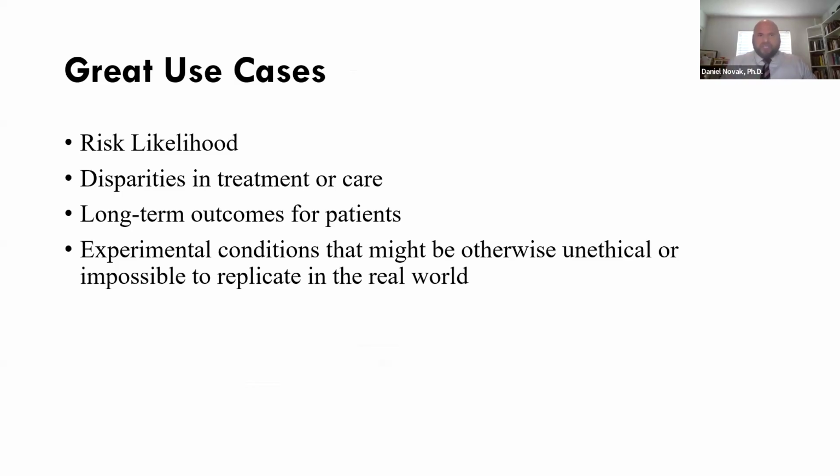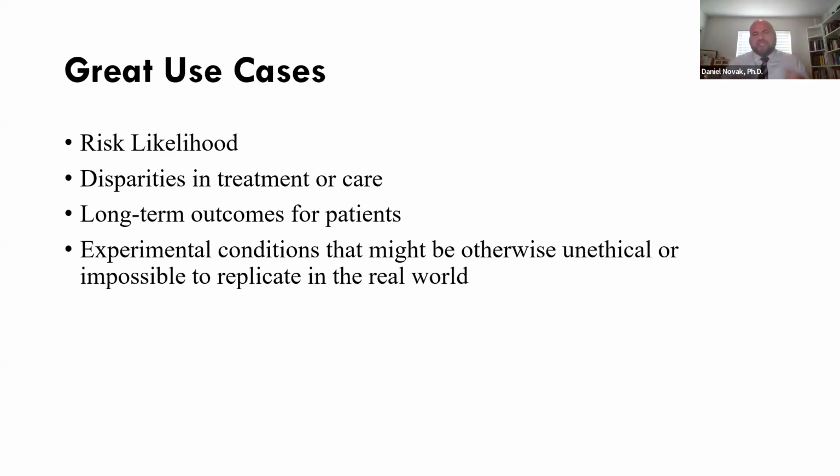Great use cases are things like disparities in treatment, risk likelihood, long-term outcomes for patients. That is, randomized controlled trials are fantastic. They're the gold standard in assessing causality. However, they are limited by cost. It can be very expensive to run long-term randomized controlled trials. We can do certain things by looking at people's natural health records that you couldn't do necessarily with that, which can answer certain questions that are unaddressed.